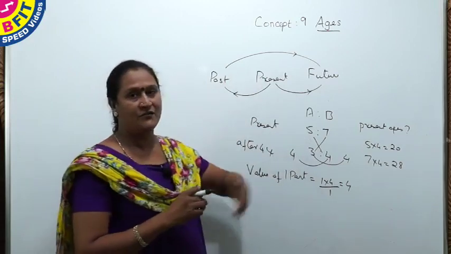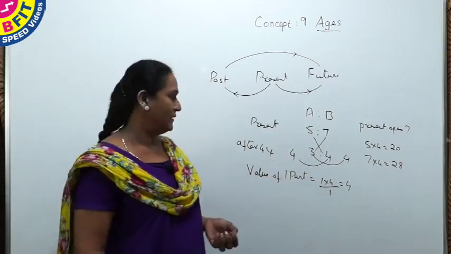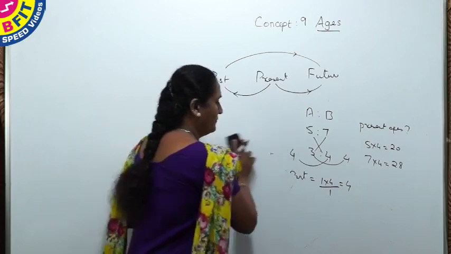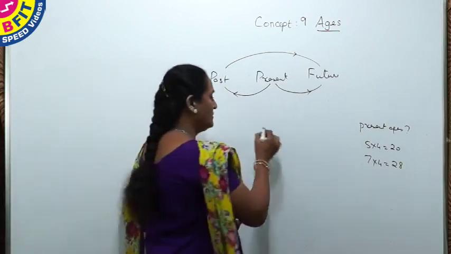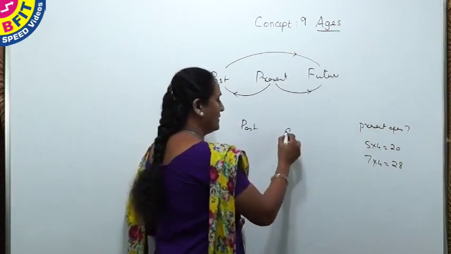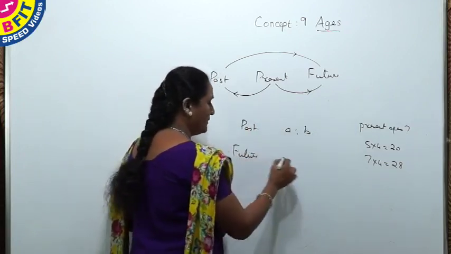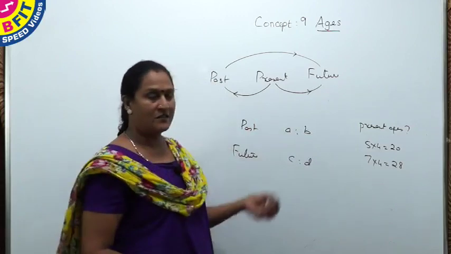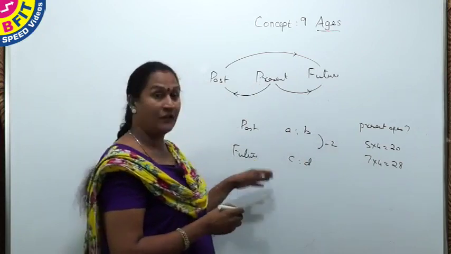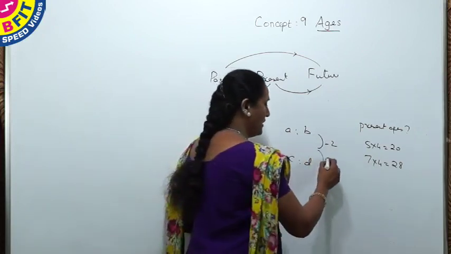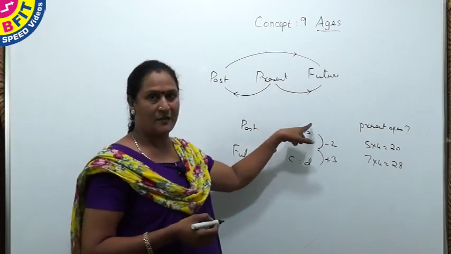When it is past and future, it is the same working. So I will tell you what the increment will be. Suppose the past ratio is given, say A is to B, and the future ratio is C is to D. If this is the past ratio 2 years back, and the future ratio is from the present, if they give us 3 years, then from the present we have gone 2 years back, that is the past ratio.